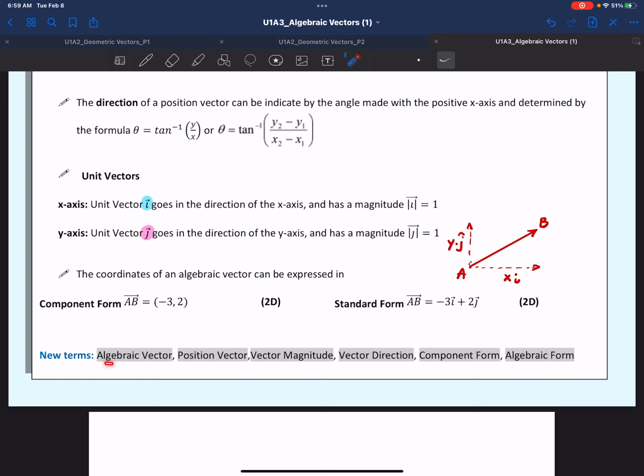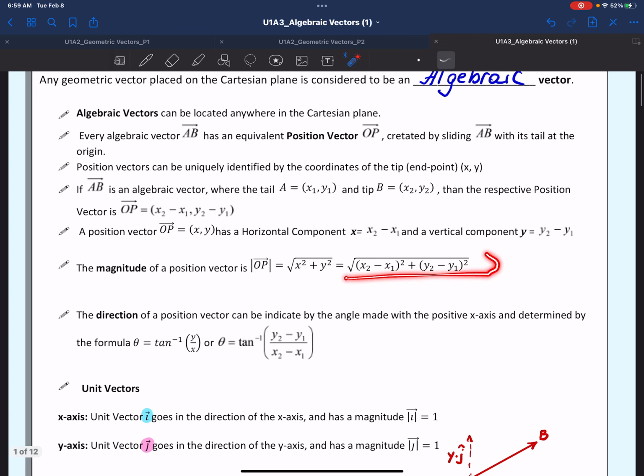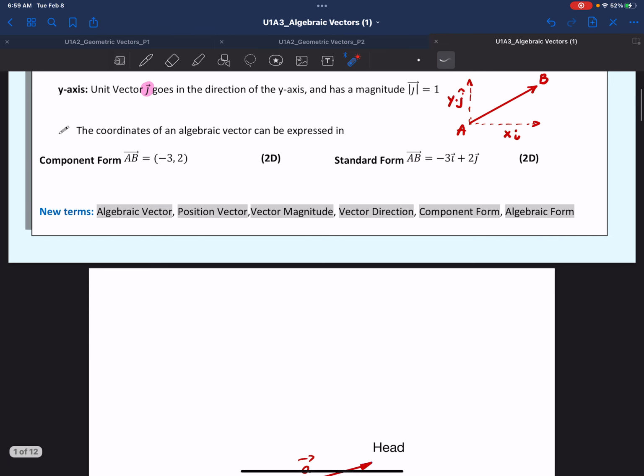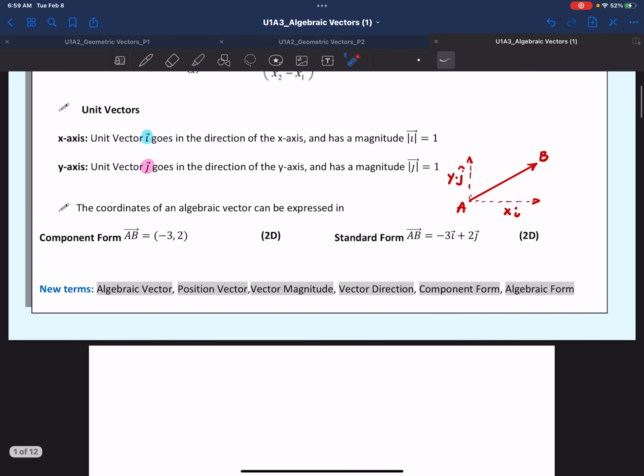So the new terms that we should understand by now are algebraic vector. Do we know what that is? Any vector placed on the Cartesian plane. Position vector. Well, algebraic vector with a tail at 0, 0. Vector magnitude. That means the size or the length of a vector. Do I know how to find it? Here is a formula for it, right? So what else did we learn? Vector direction. How do I describe it?